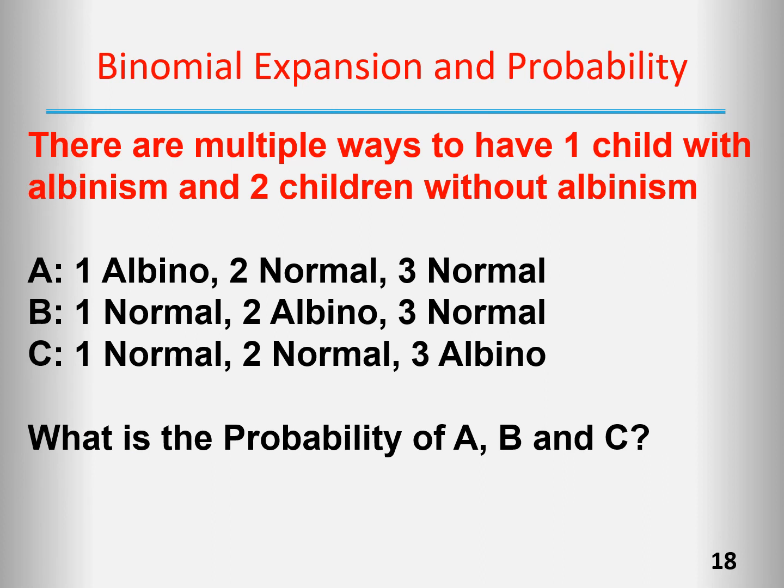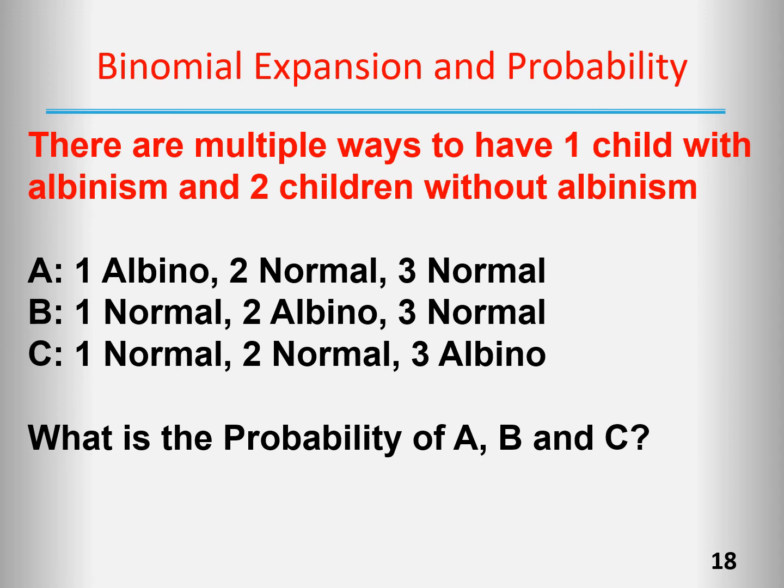There are, however, multiple ways to end up with one child who has albinism and two children that do not. It could be that the first child is in fact an albino and the other two children are not. The child with albinism could be the second child or could be the third child. And you have to account for every possible pattern because every possible pattern meets the criteria.